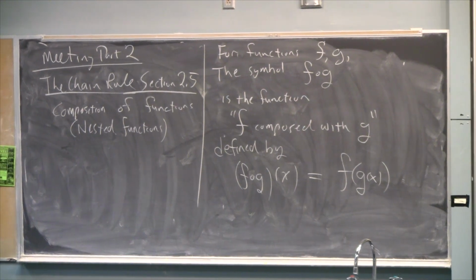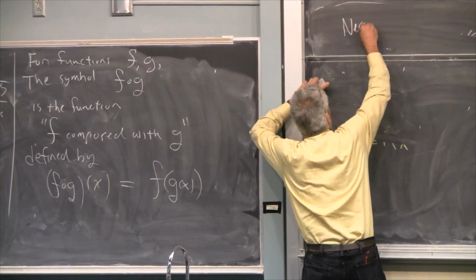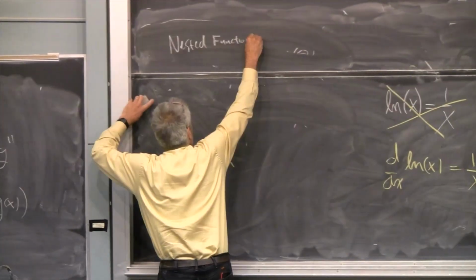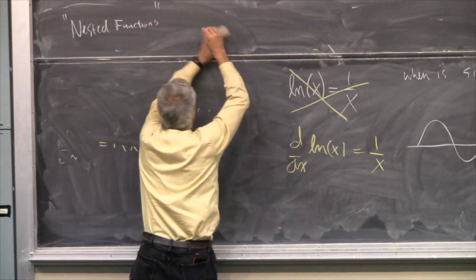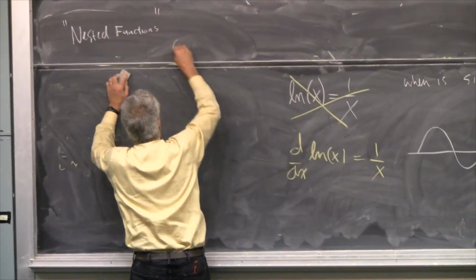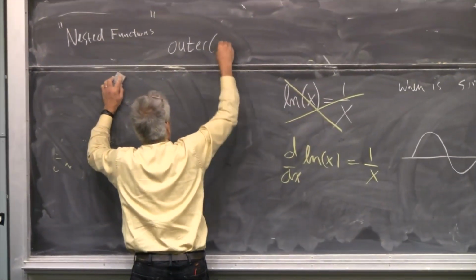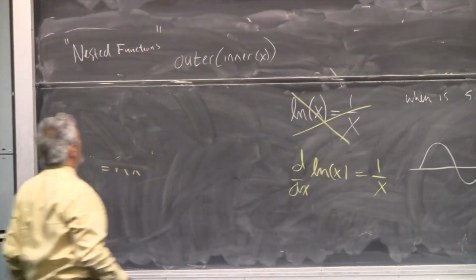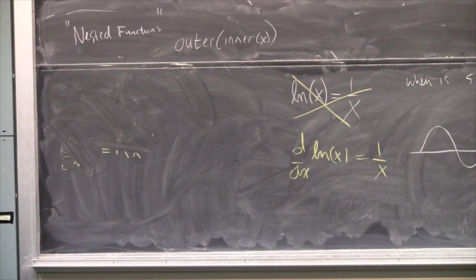So what I call nested functions, they're functions of this form: outer parentheses inner parentheses x. So that could also be denoted outer open circle inner.